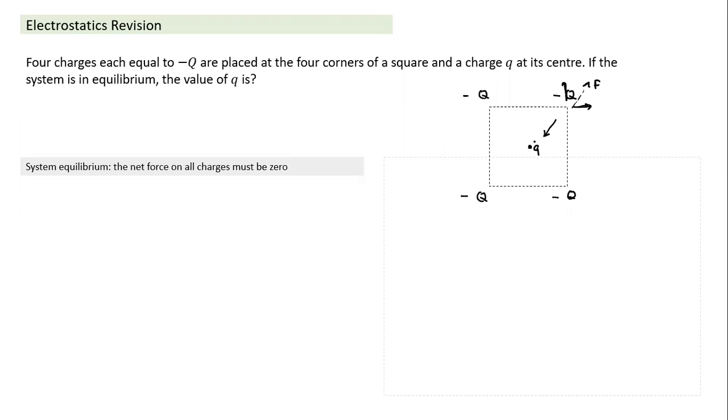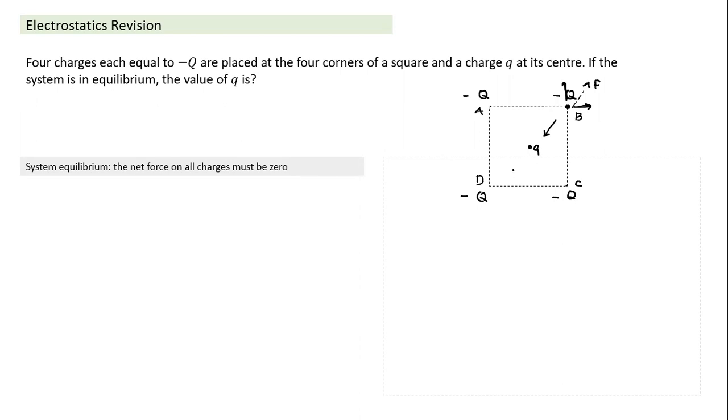How do I find the value of q so that the force on charge B remains 0? See, this charge minus Q at B will experience four forces. It will experience force due to charge A, due to this charge, let's call it charge C, and charge D, and also this charge at the center.